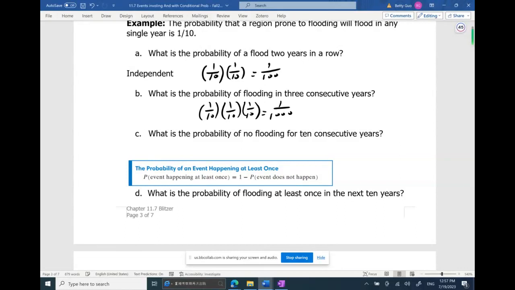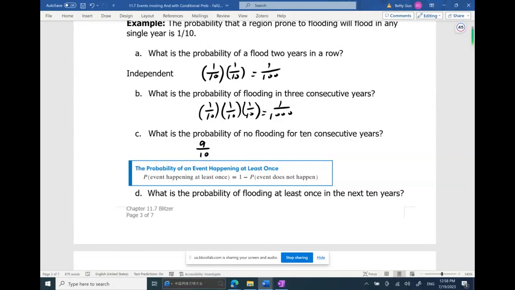Part C, what's the probability of no flooding for 10 consecutive years? So the first year, no flooding. If the probability of flooding is 1 over 10, then what's the probability of not flooding? 9 over 10, right? Did we learn the complement the other day, in the previous section?